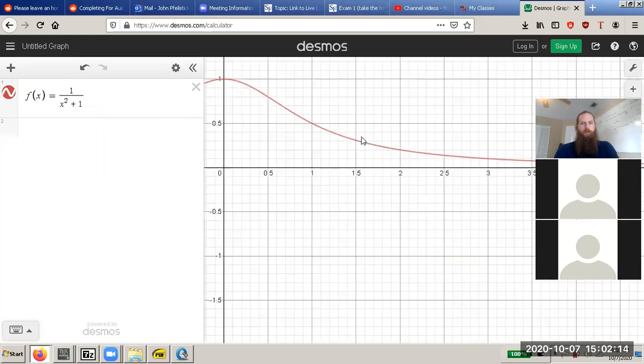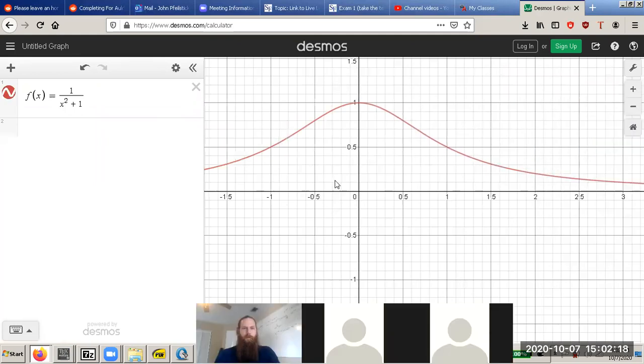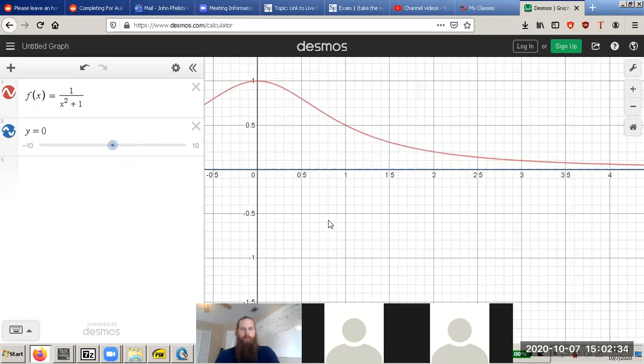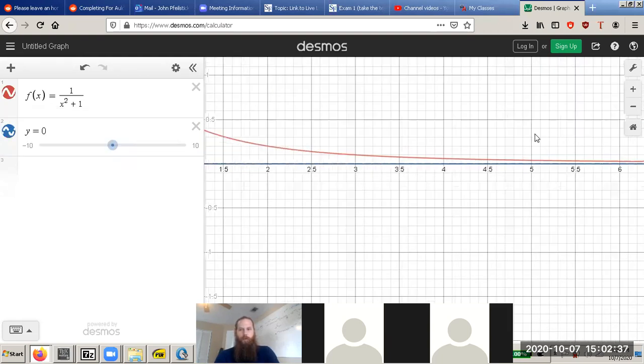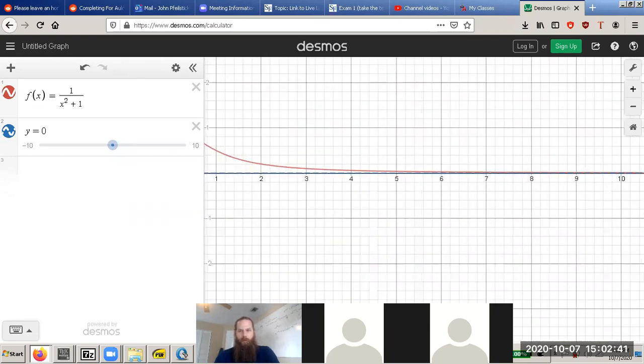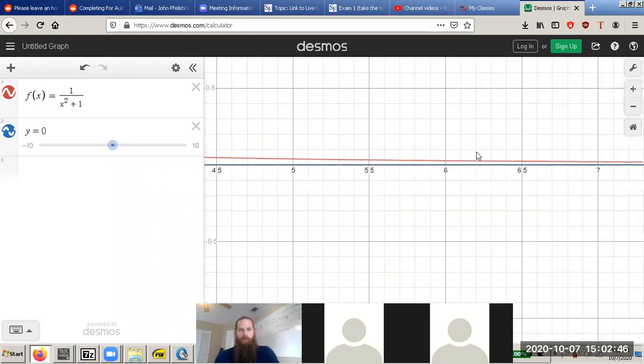This is a rational function, 1 over x squared plus 1. The polynomial upstairs is 1, the constant function, and the polynomial downstairs is degree 2, x squared plus 1. If I toss in the line y equals 0, I'll make it dotted, you'll notice that as I wander further and further off to the right, the graph of my function sits down closer and closer to that line.